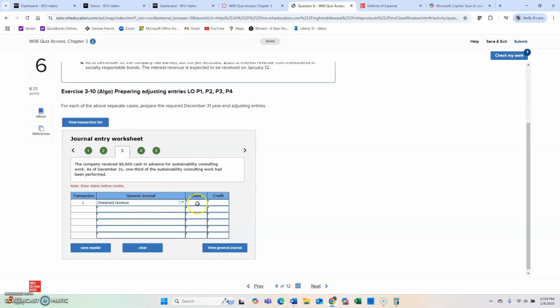And unearned revenue is a liability, and their normal balance is a credit. So we're going to debit the unearned revenue for $2,200 because we've done the work for that. And then we've got to go on the other side, and we have got to get our services revenue and put $2,200 over there.